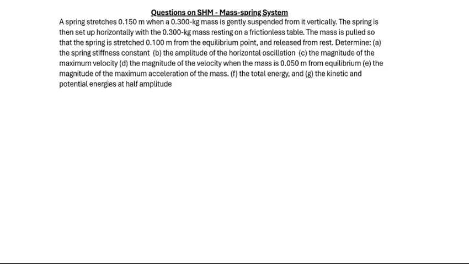It says that a spring stretches 0.15 meter when this mass is gently suspended from it vertically. Now, if you take this one after the other, the spring is suspended vertically like this.